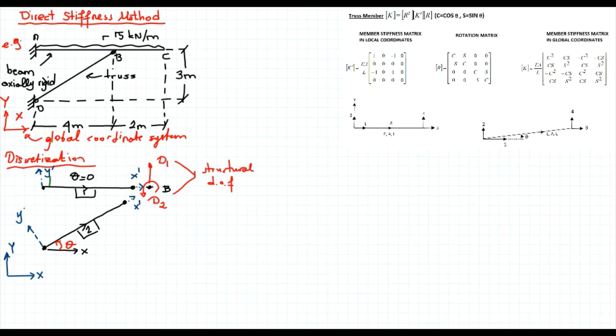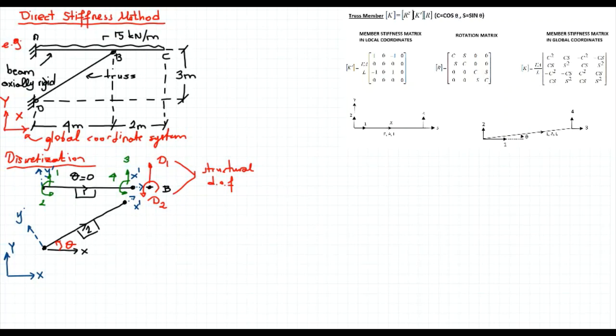The first member, start node, this is 1, 2, 3, and 4. That's a beam member. We already have the local stiffness matrix, and since theta is equal to 0, the local stiffness and the global stiffness are exactly the same. Now the second member is a truss member, so I have only axial deformation on this one. Now that's the rotation angle.